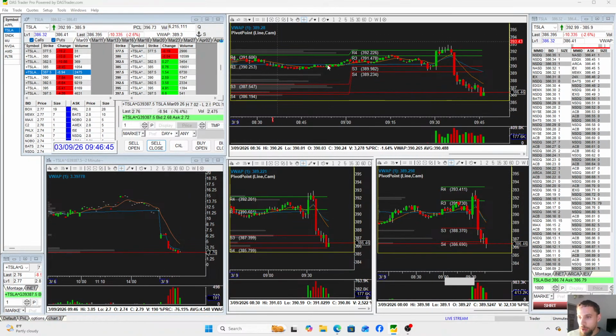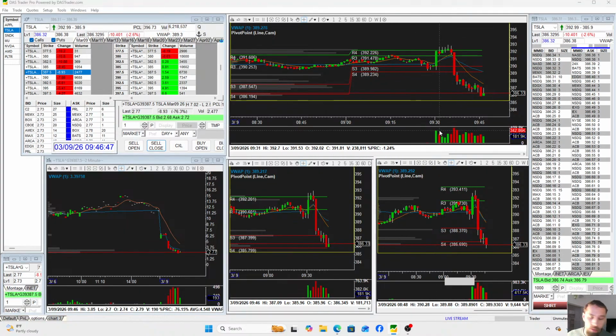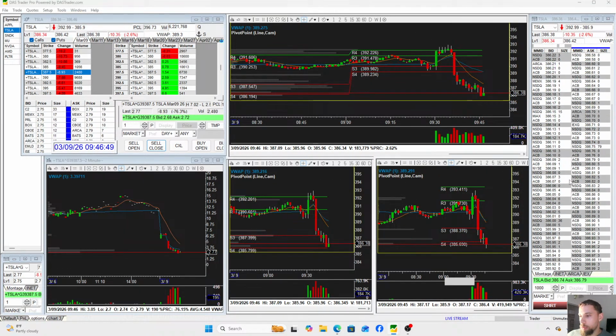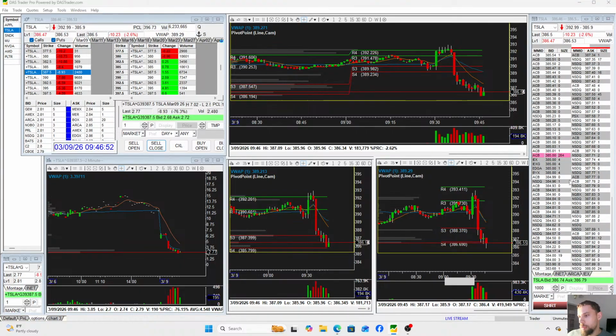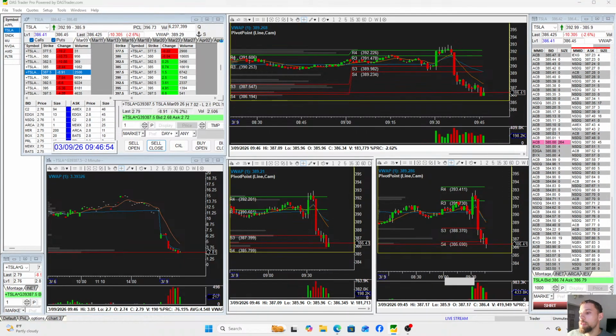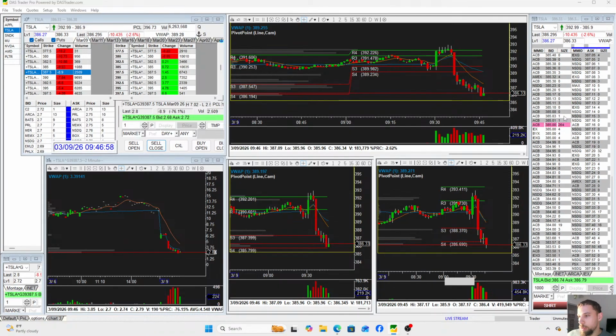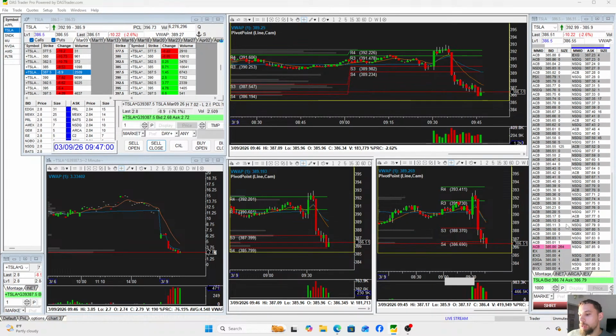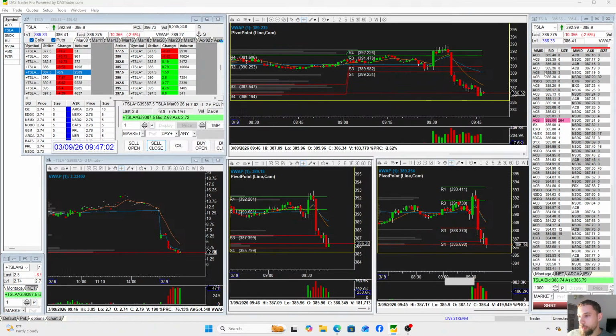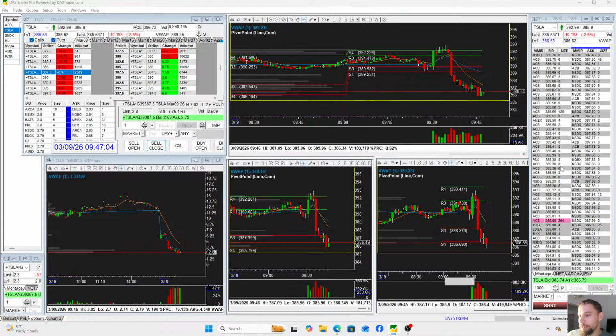385 is the area, 65,000 shares looking to be filled. It's really hard to tell just looking at this little pink one that's bouncing everywhere. That's a big order waiting to be filled. That's why it's pink, and it says 385.